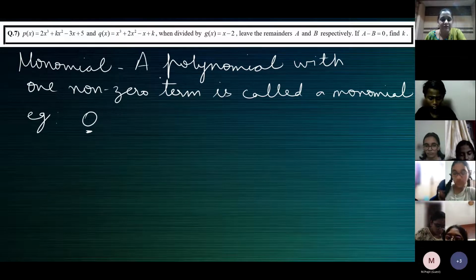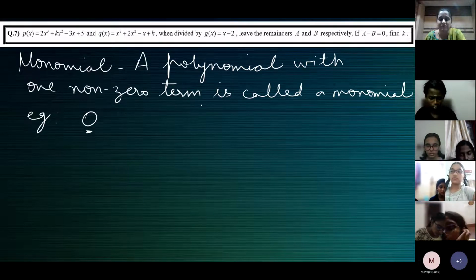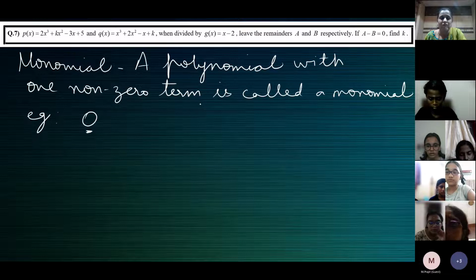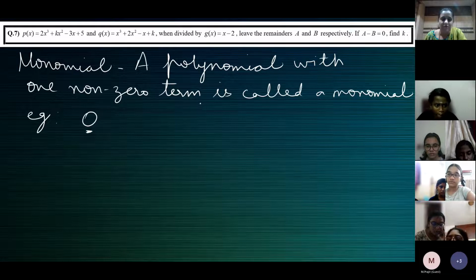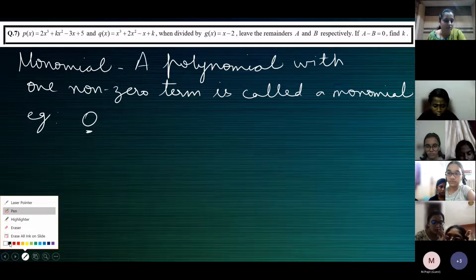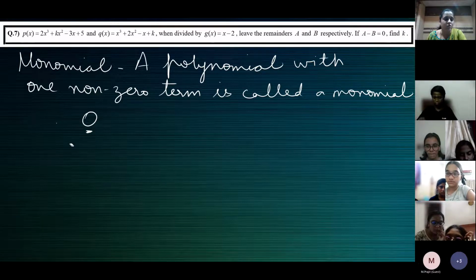Because by the definition, a polynomial with one non-zero term, one term, and that term should not be 0, is called a monomial. So 0 is not a monomial.